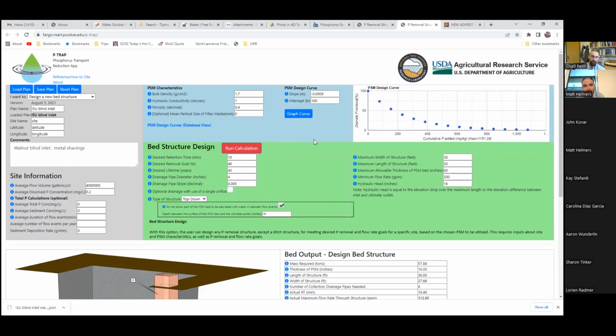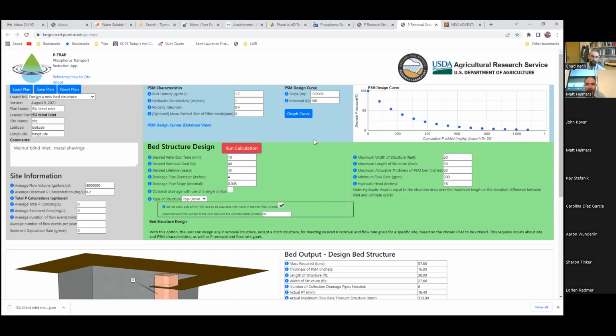It works pretty good. I mean, no model's perfect, but I'll say it's as good as other models. It's as good as what you put into it. If your inputs are pretty accurate of reality, then it's going to predict it pretty well.